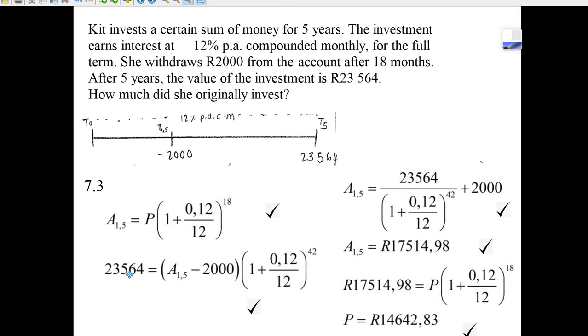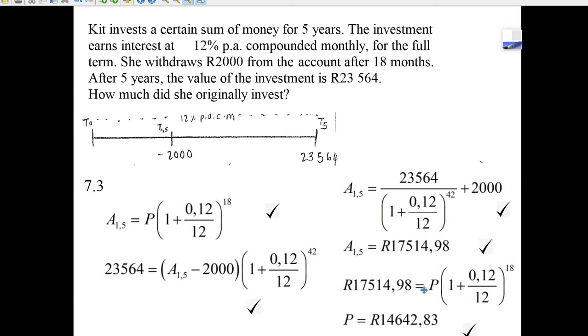Now, the way I did it is I divided by this, and I solved. I divided by the (1 + 0.12/12) to the 42, and then I added 2,000. I figured out exactly what the amount was that she raised. So I've got that.